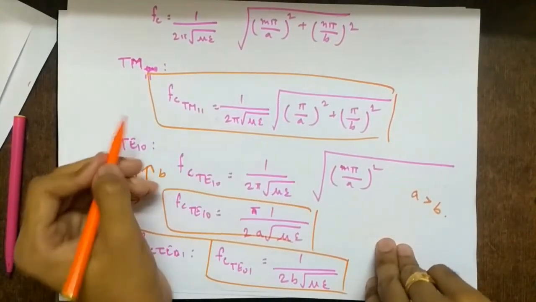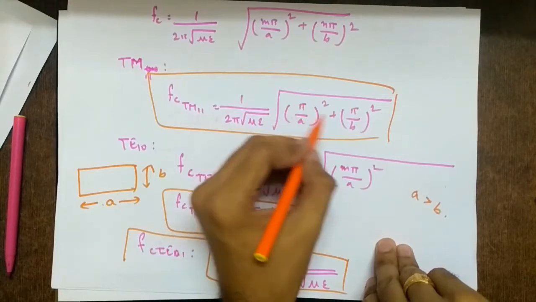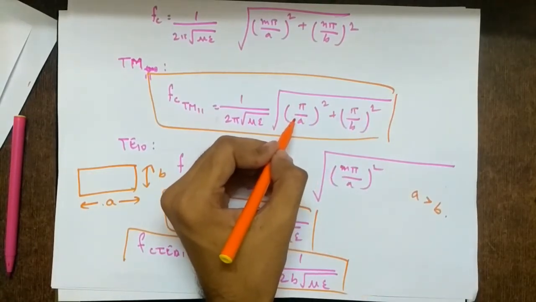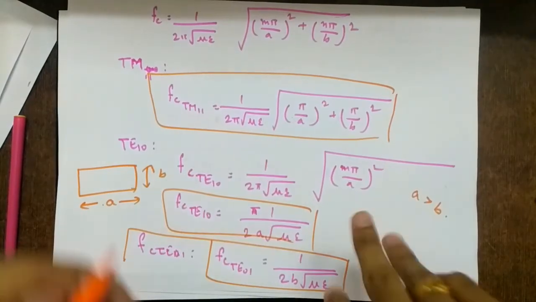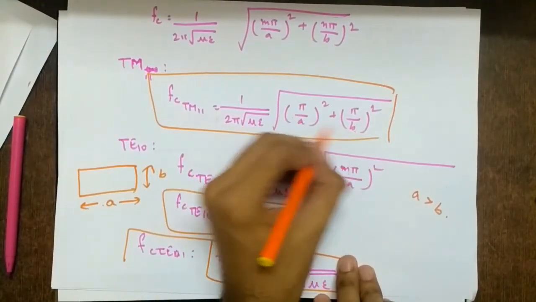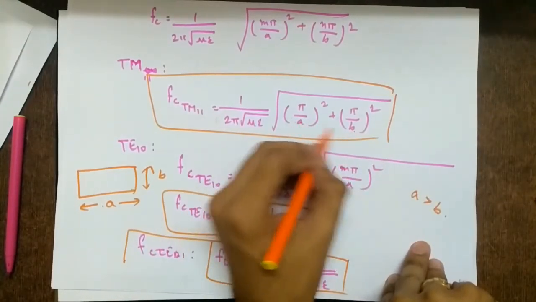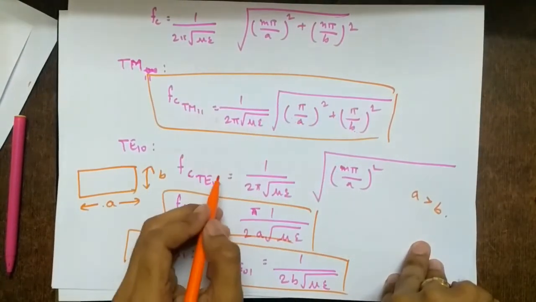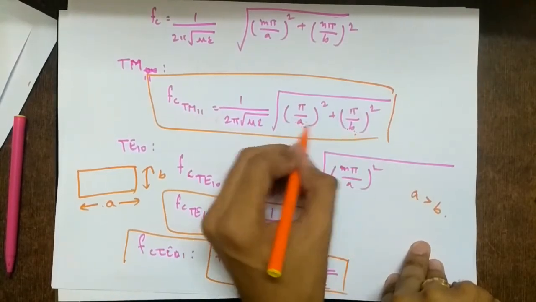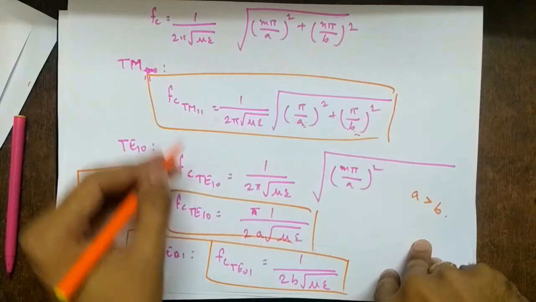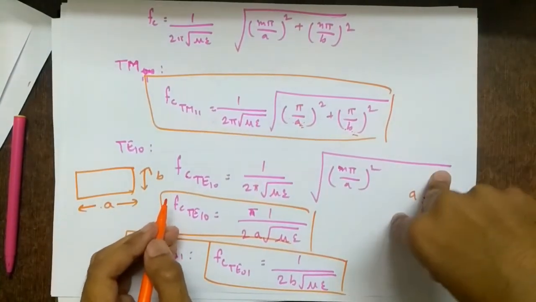If you substitute for TM11, you have both terms a and b, but in the others you have only a or only b. Since you have both a and b, obviously this will be higher, because the terms are getting added. So among these, TM11 has the highest cutoff frequency, right?